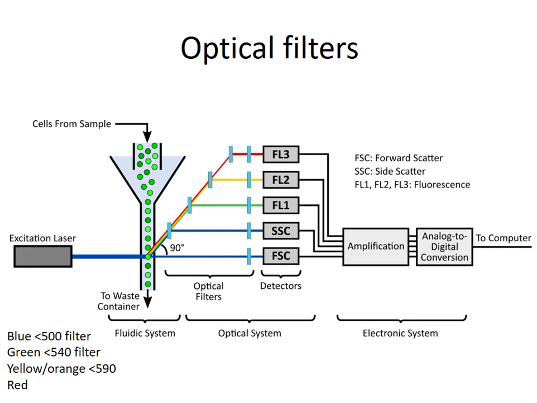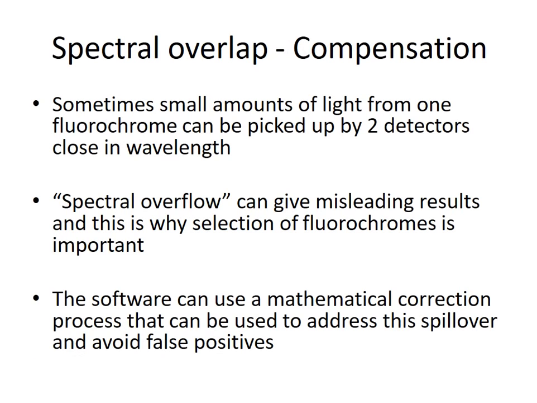So you can see each of these detectors then will send a signal to the digitizer. And at that point, I'll be able to tell whether the cell had a high amount of yellow fluorochrome. And if it had a high amount of yellow fluorochrome, I know what type of receptors it expressed. Okay? Now, that's the basic process.